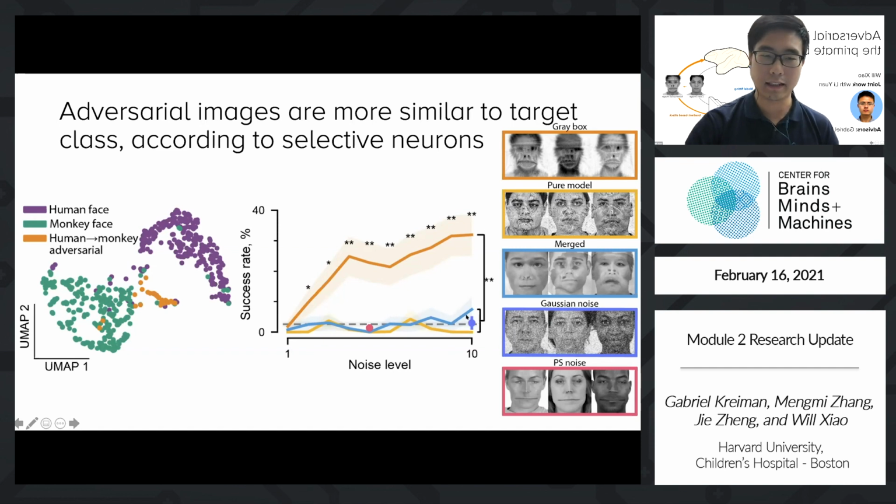So you can see that the neuron population is highly selective between the two categories. Meanwhile, the gray box attack images were able to basically successfully change the image categorization up to around 40% success rate. And all the other attack methods didn't reach success rates much higher than the error rate on clean images.